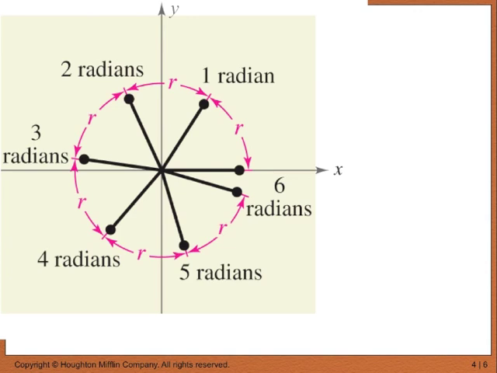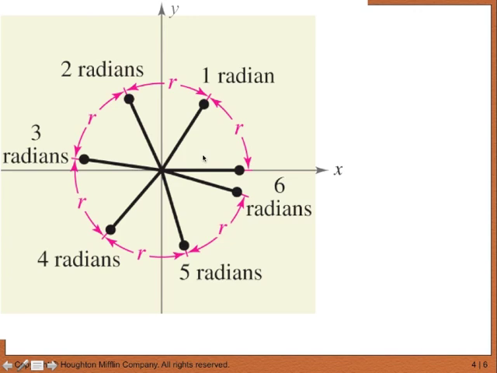Because, sure enough, in half a pie, and I'm talking now about the pies that you can eat, let's imagine this circle that I'm circling here as a nice edible pie. Well, in half a pie, there are pi radians.